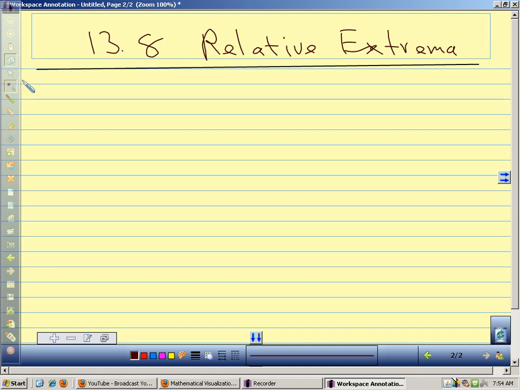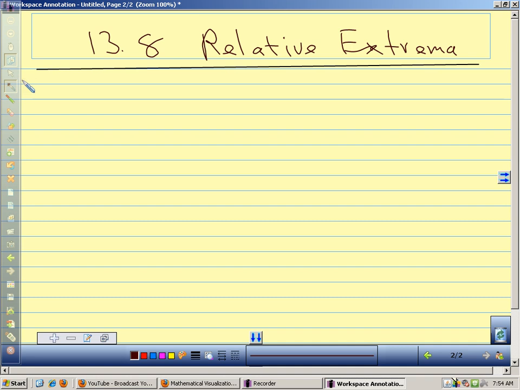So when we have a continuous function, we'll have a minimum value at least one point and a maximum value at least one point in a closed bounded region. And closed bounded region means closed means it contains its boundary, and bounded means it's a subset of a larger region.